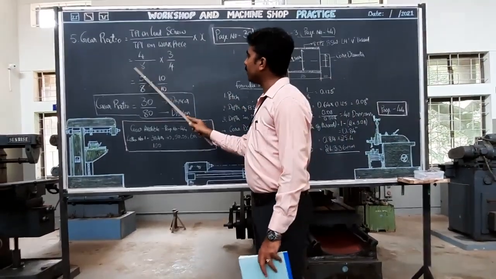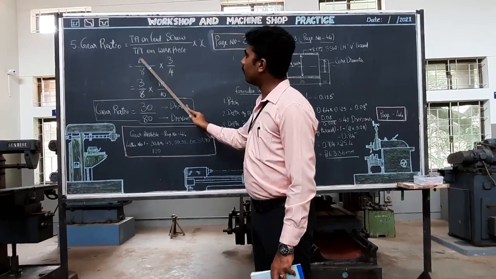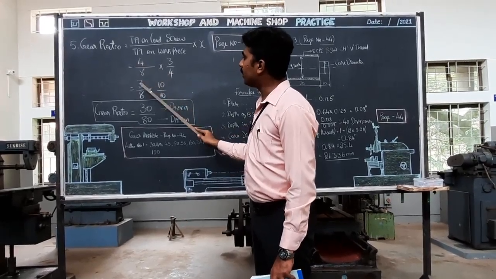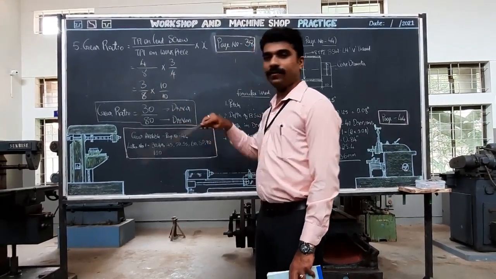If you calculate that, the 4 and 4 cancel, so you will get the answer 3 by 8.